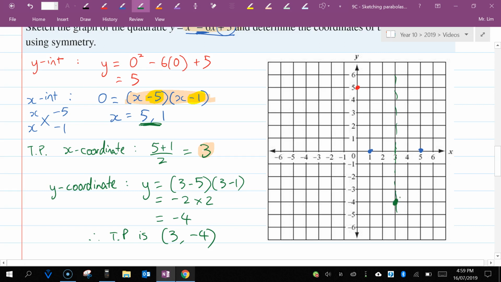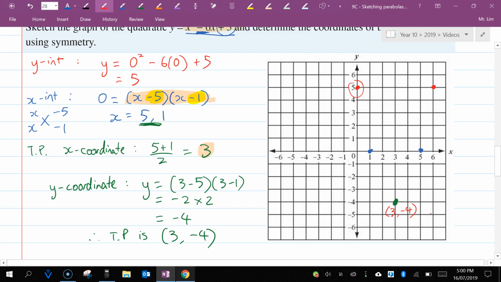And now we have all the information we need to draw our graph. But remember, we want to make this nice and neat. So, because our turning point is here, 3, minus 4, and our y-intercept is here, we went left 3 and up to 5. So from the turning point, we're going to go right 3 and up to 5 and put our other dot there.